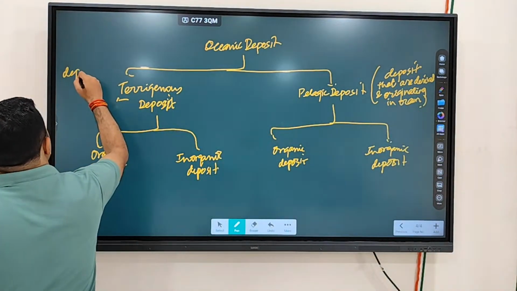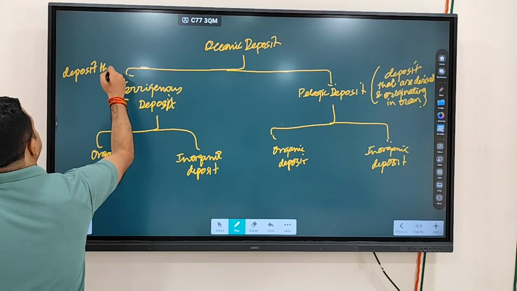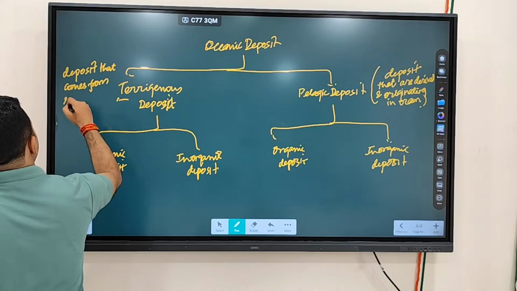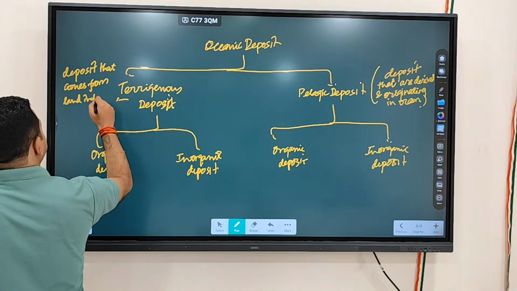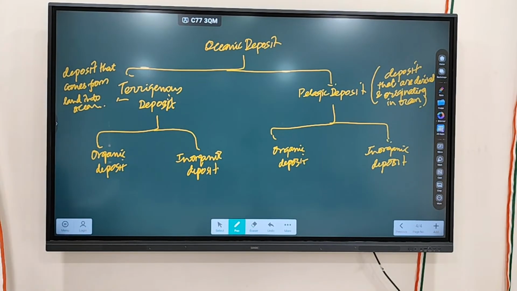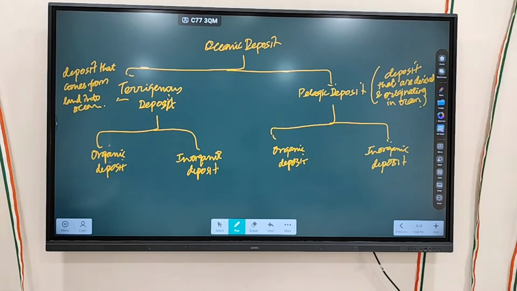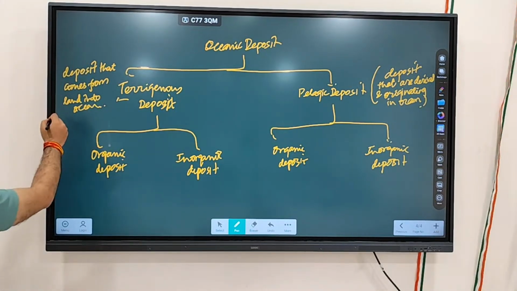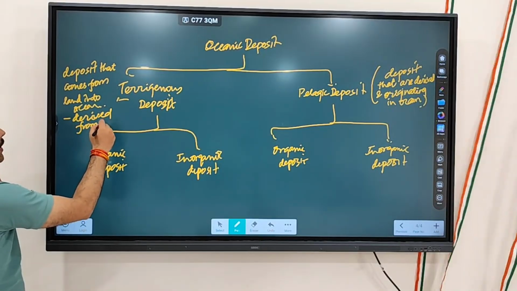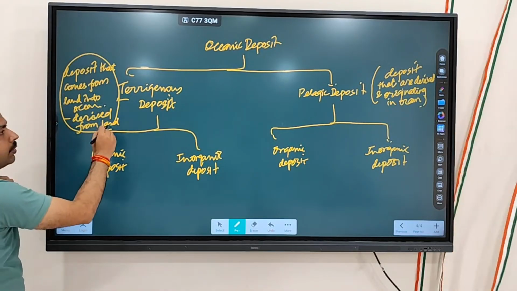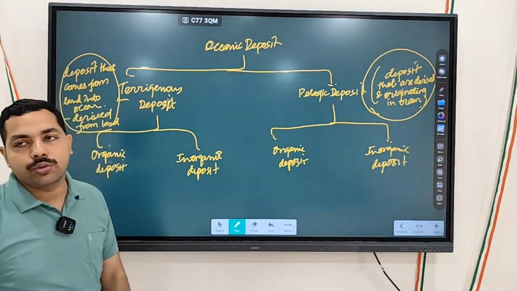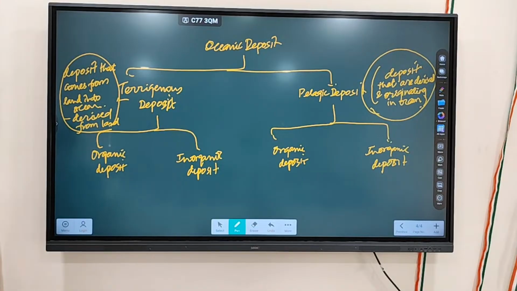Deposit that comes from the land into the oceans. Deposit that comes from the land into the oceans is referred to as terragenous deposit. So they are derived from the land, while pelagic is derived from the oceans and originates in the oceans itself. They don't have any connection with lands.